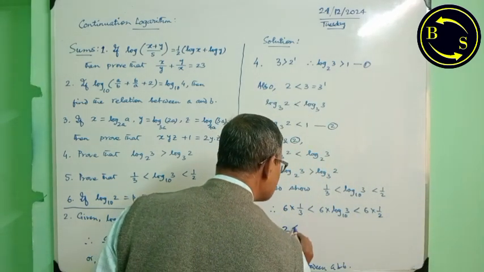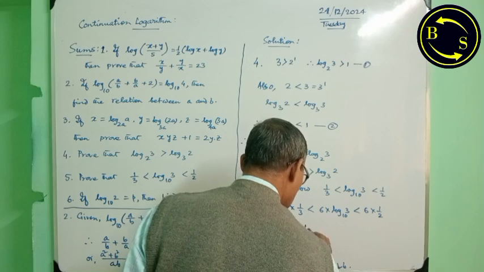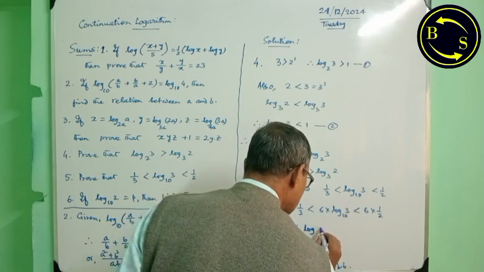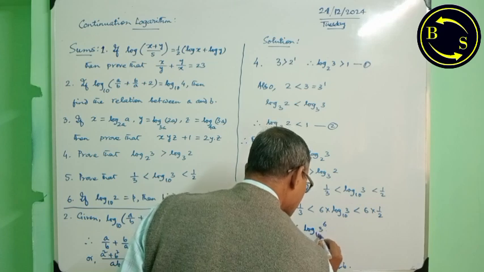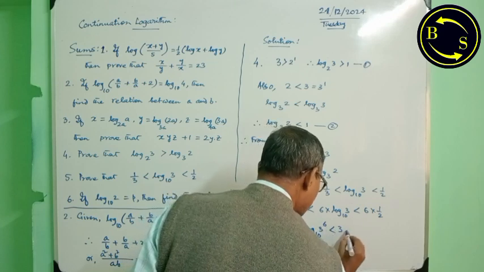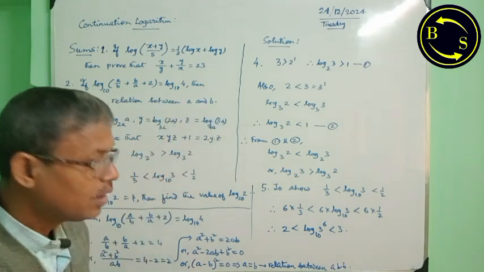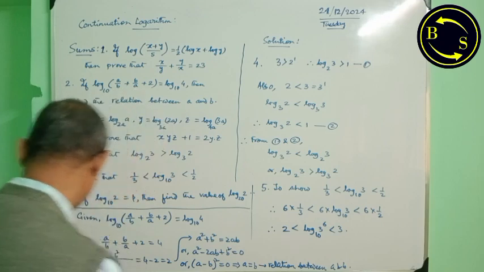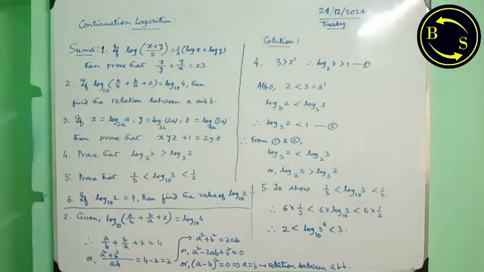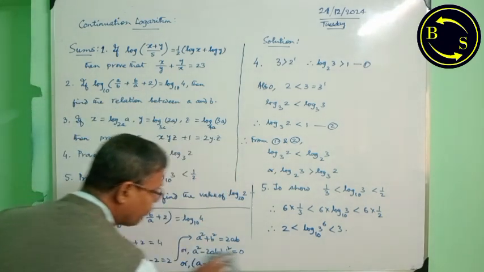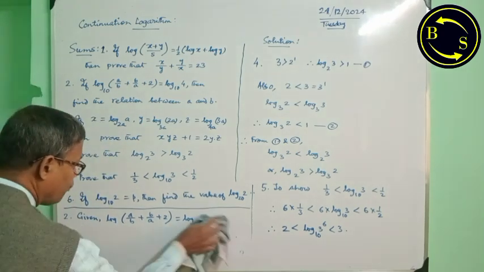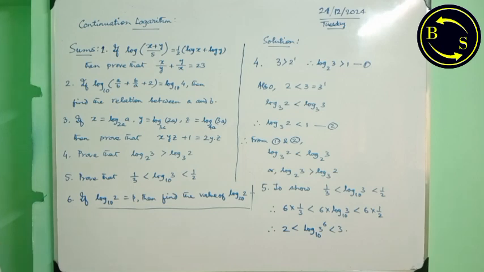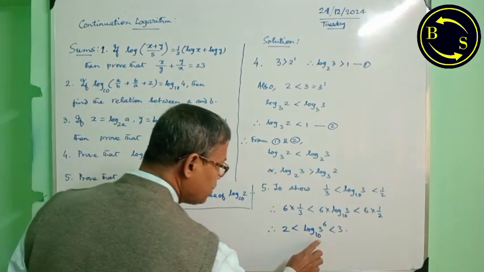Therefore, 2 less than log of, now I can take this as the index of 3. Now, finally, we have to show this one. For that, we see the base here is 10.